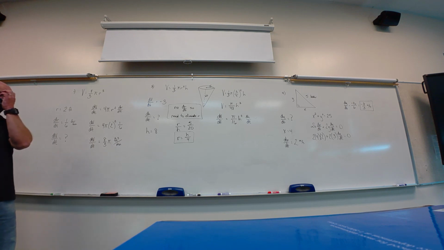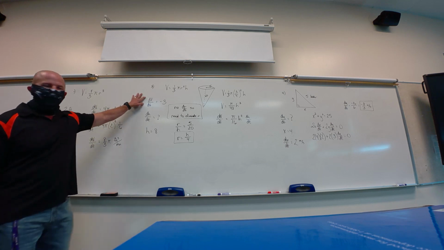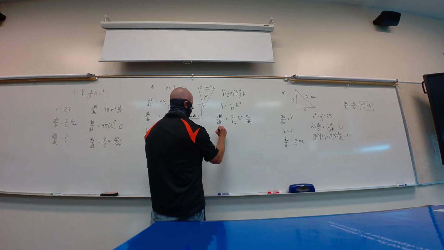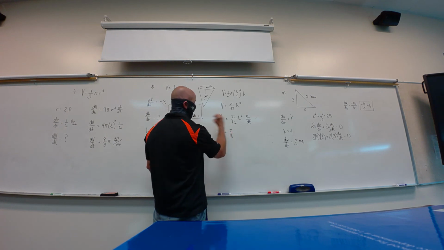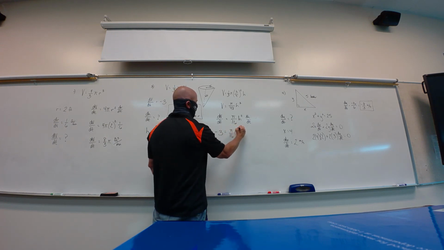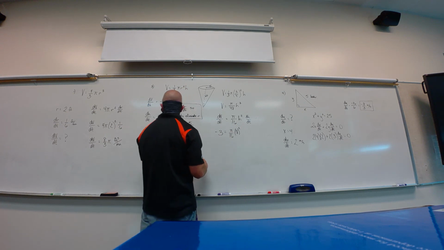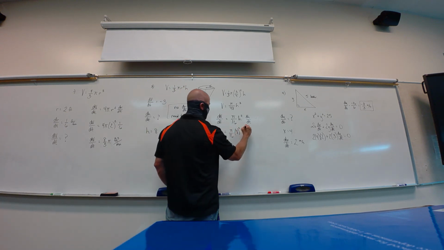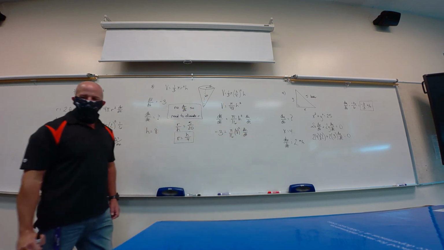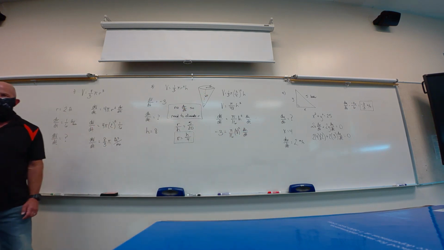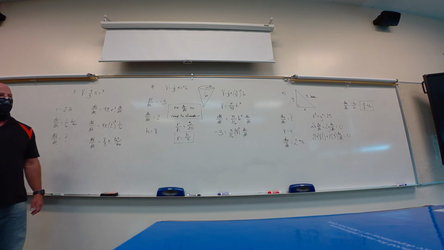Okay, let's fill it in. See if we need anything else or we have everything we need. All right, we got dV dt is -3. Pi over 16. H was 8. 8 squared is 64. I can leave it 8 squared. And I'm looking for dH dt. I don't need anything else.